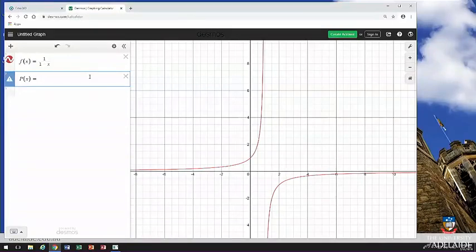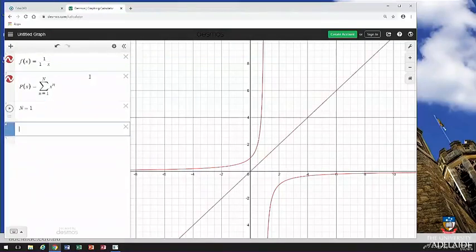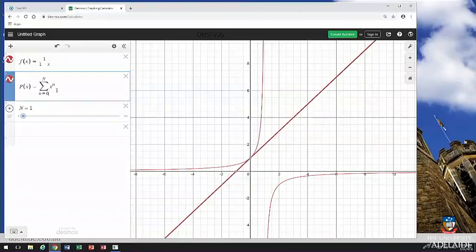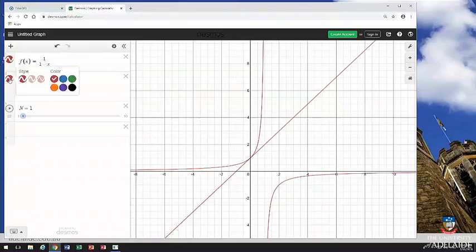It's the sum. Okay, and I'm sorry, from 0. So when this capital N at the top is 1, this is what this is. Let's change the colour. This blue line is the Taylor polynomial.